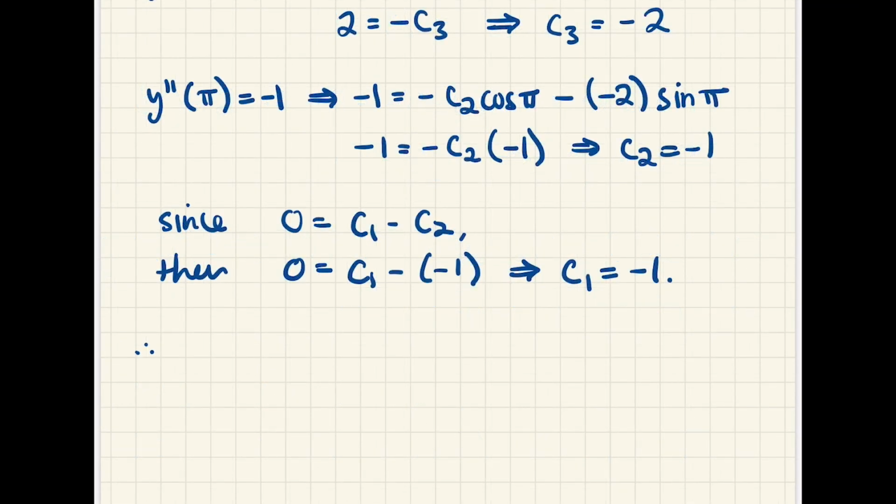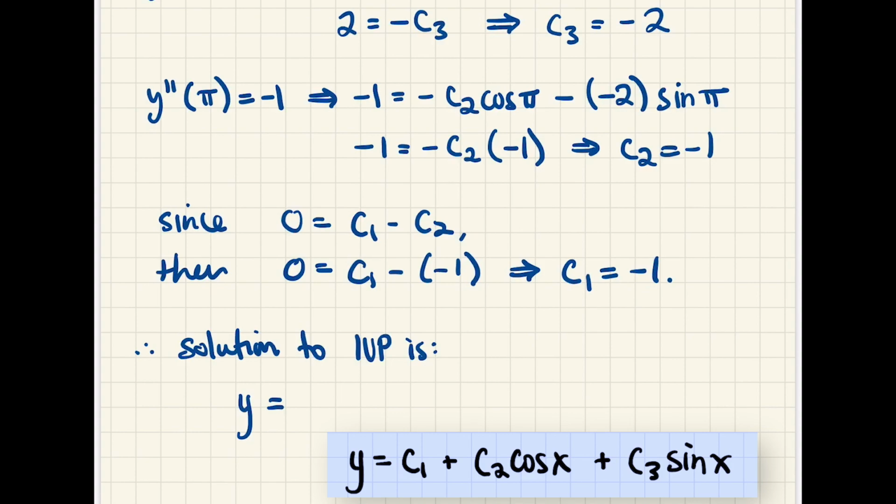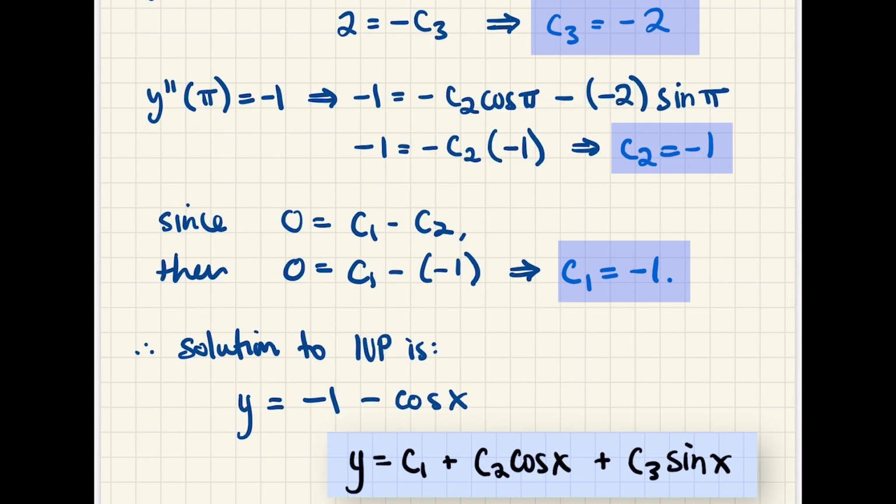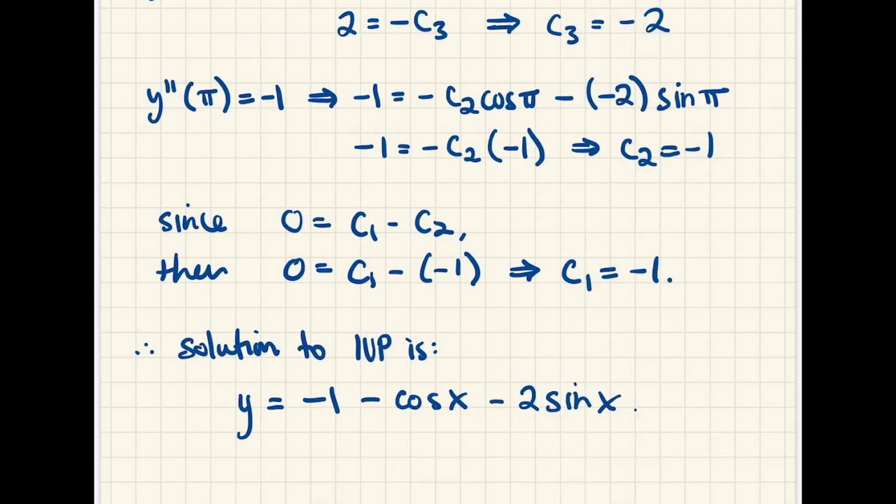So therefore, the solution to the IVP is the function from that family with the specific constants that we determined. So C1 being negative 1 and C2 being negative 1 as well, and C3 being negative 2. So this function satisfies the initial conditions as well as the differential equation. So we're done.